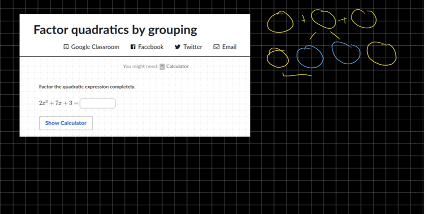And I want that ratio here and that ratio here to be the same. So let's see what I've got. I've got 2x squared plus 7x plus 3. So I've got a 3 here. So I'm going to look at times 3.